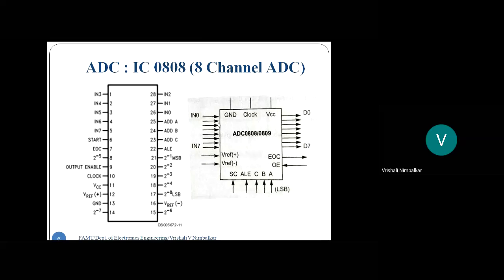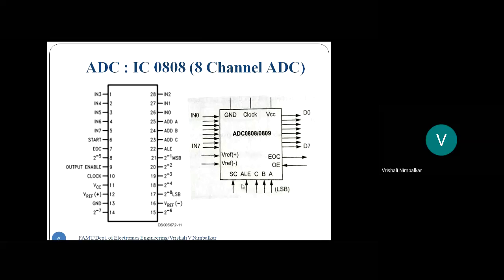And how many analog input channels? They are also 8. At a time only one channel is selected. Who does that? It's the address bits ABC. A is the LSB. Now ALE, address latch enable. The purpose of this signal is that whatever address you put on the address bits will be latched inside, and then the channel will be selected.